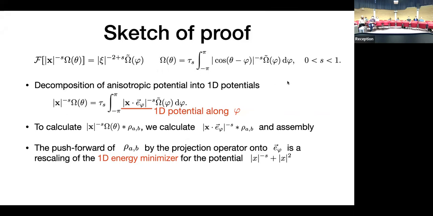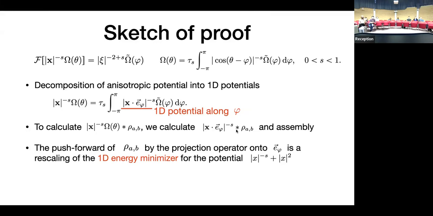On this formula, if you multiply it by |x|^(-s), on the left-hand side, you recover the anisotropic potential. On the right-hand side, if you combine the |x|^(-s) with this term, you get x dot with a unit vector in the direction of phi to the minus s. And this is exactly a one-dimensional potential along the direction of phi. So if you want to compute the convolution of this with rho AB, then you only need to do the convolution of this with rho AB and then assemble everything together.